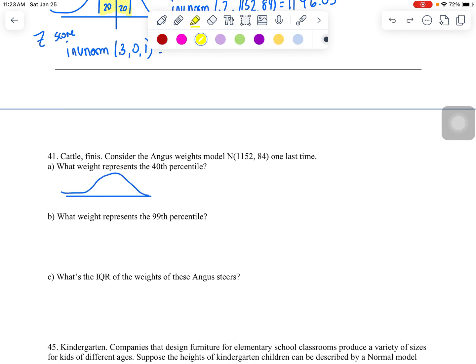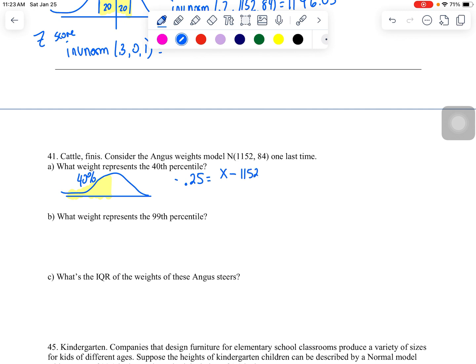So when I go to my calculator, actually, I need to know what 40% is. So if I looked up 40% in my table, I'm going to get a negative 0.25. And the observed value is unknown. The mean is 1152. The standard deviation is 84. So that means that if we solve that, x turns out to be 1131 pounds.